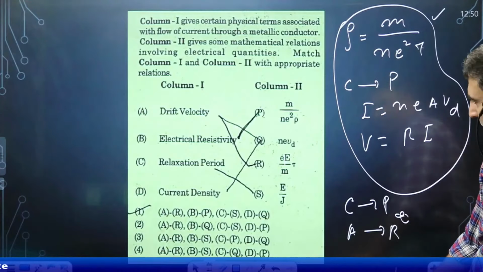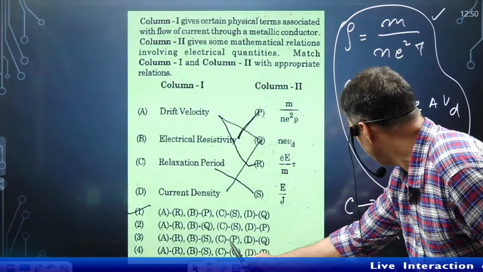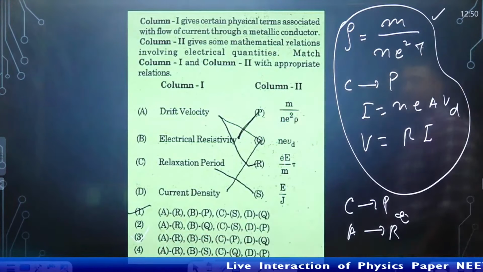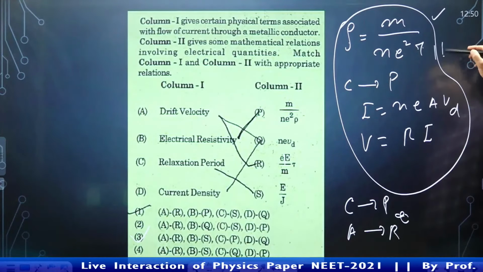So let me check out. A to R, C to P. Third should be the answer. So you will get answer to all the questions from this set of equations.